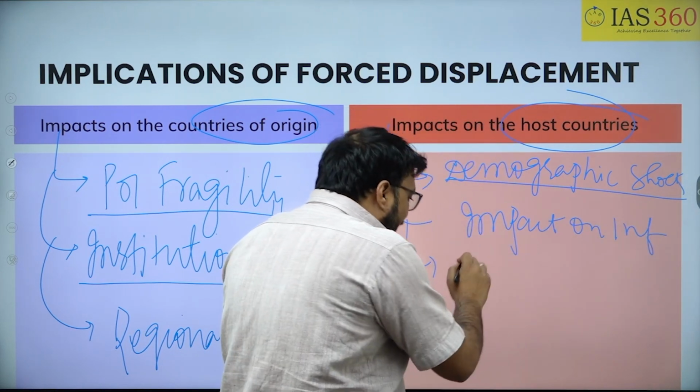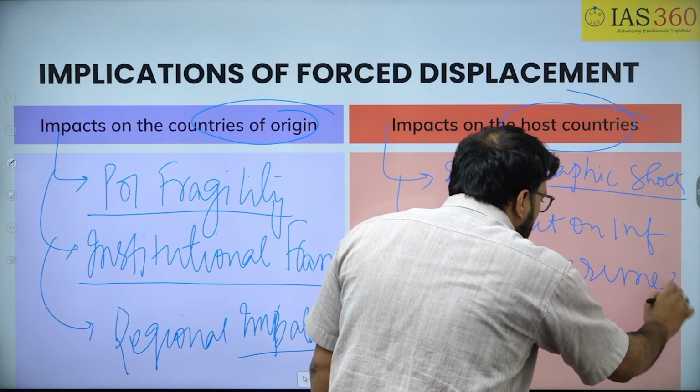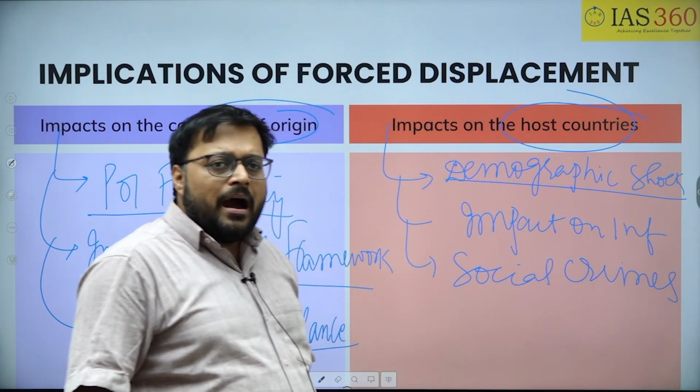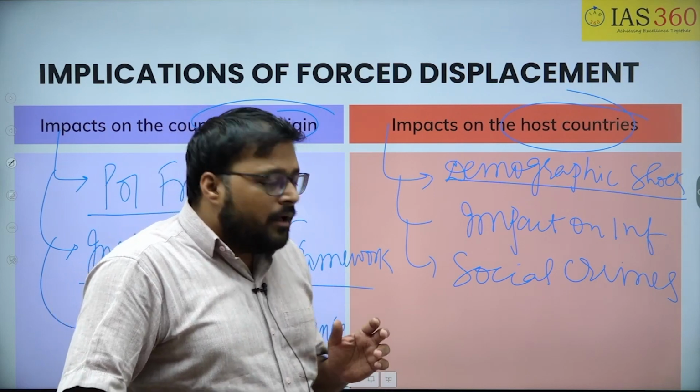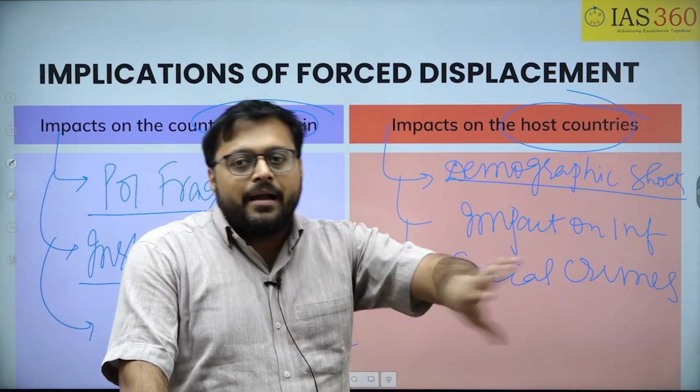Then there can be a rise of social crimes also. If you see Germany, you may understand what is happening there, that there is a rise of social crimes because of the immigration.